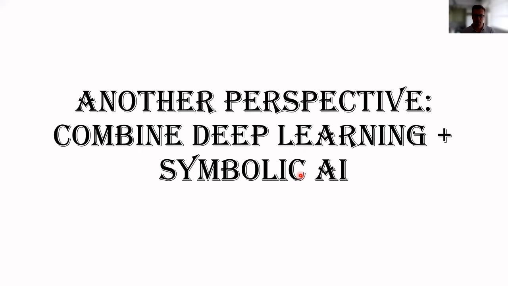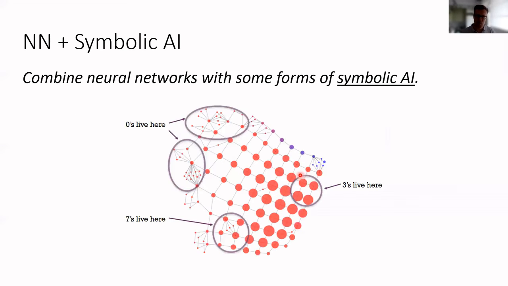So maybe we should combine it with some symbolic algorithm, which actually provides some interpretation, and then you can see that maybe someone is trying to fool you, because the interpretation will seem not correct.